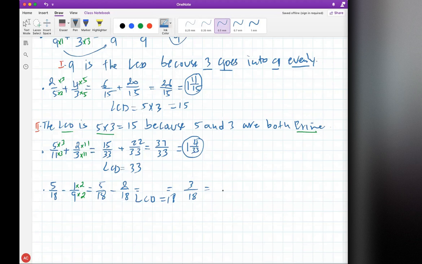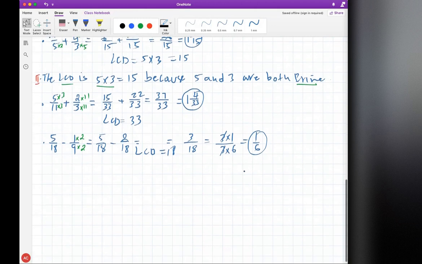So, like we did last time, to simplify, we break down the numbers. So 3 times 6. We look for a common number to cancel out. So 3 is a common number. We cancel that out. We end up with 1 over 6. So always simplify your fraction. It's proper, so you don't need to write it as a mixed number. And that's pretty much it.